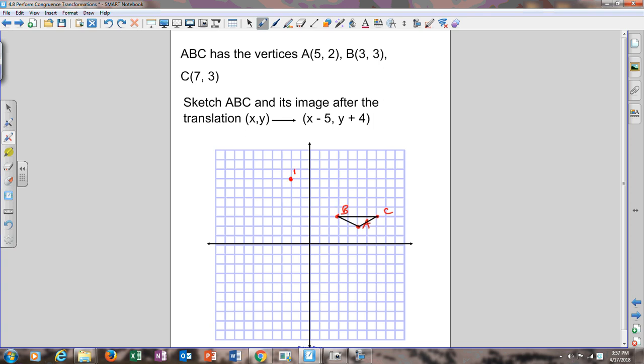Make a dot. That's B. C is going back 5 and up 4. Go back 1, 2, 3, 4, 5, up 4. 1, 2, 3, 4. And A, go back 5 and up 4.